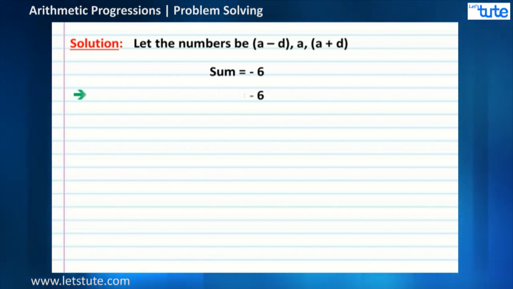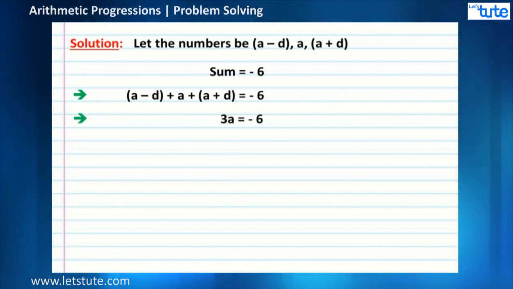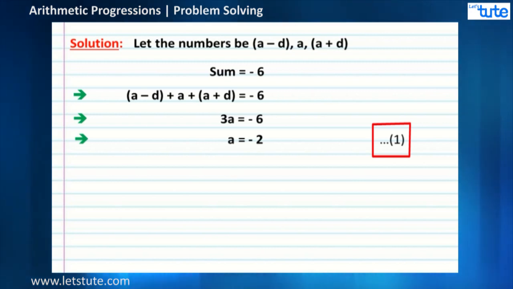By doing that, we get A minus D plus A plus D is equal to -6. By cancelling out minus D and plus D, we get 3A is equal to -6. By taking 3 to the right hand side and by dividing -6 upon 3, we get A is equal to -2. So let this be equation number 1.